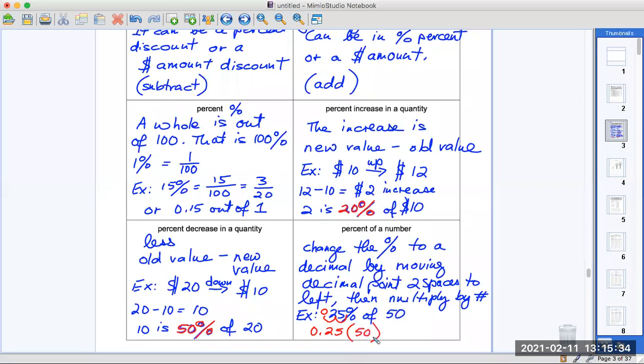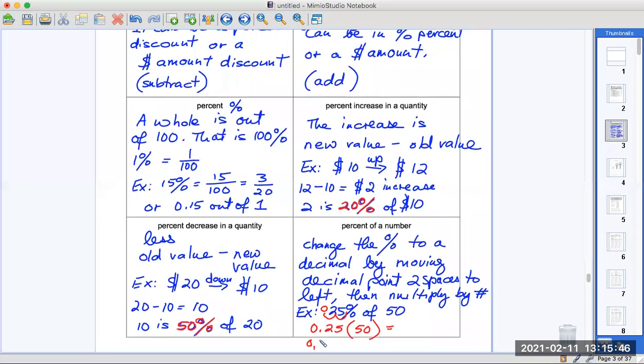Use a calculator. 0.25 times 50. Go grab a calculator right now. Pause your video and put that in. You can use your times button on your calculator, and then equals, and you get an answer of 12.5. So 12.5 is 25% of 50. So that's how you do that.